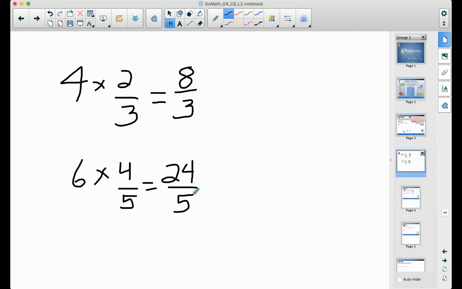And that is how you multiply a whole number by a fraction. You multiply the numerator of the fraction by the whole number, and you leave the denominator the same. Okay. Easy enough. Let's turn to page 462.